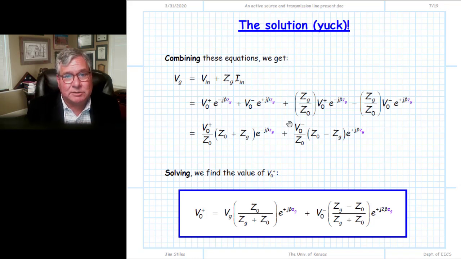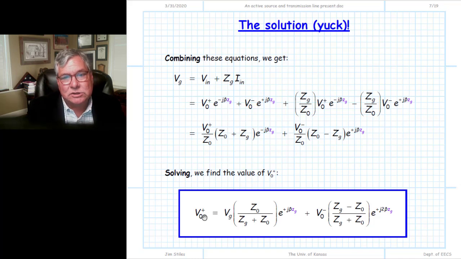Now for a terminated transmission line, we found the relationship of V0 minus in terms of V0 plus. For the source, we're going to go through and do it the opposite way. We're going to determine an expression for V0 plus in terms of V0 minus.